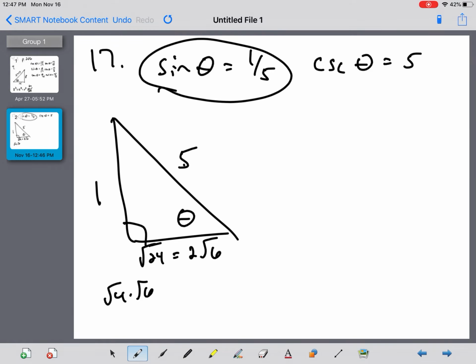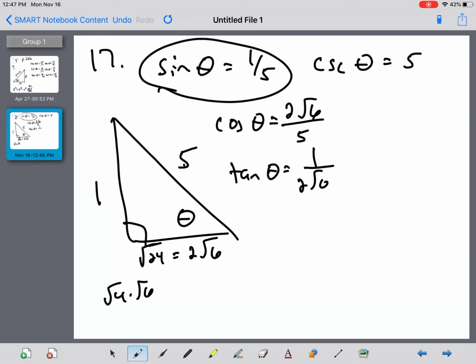All right, so now cosine theta is adjacent over hypotenuse. Tangent theta is equal to 1 opposite over 2 root 6. Now I multiply top and bottom by root 6, and this turns out to be root 6 over 12. Root 6 times root 6 is 6 times 2 is 12.